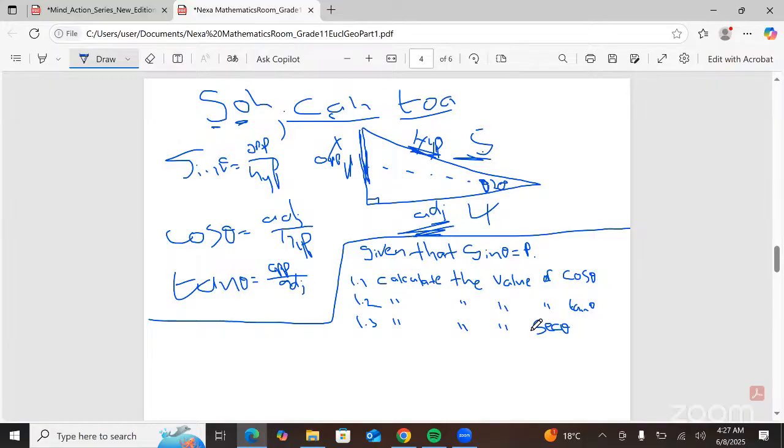Yes. Now we are here as a matriculant. You know your SOHCAHTOA. You are required to calculate. Do you have any idea of how we can approach this problem?